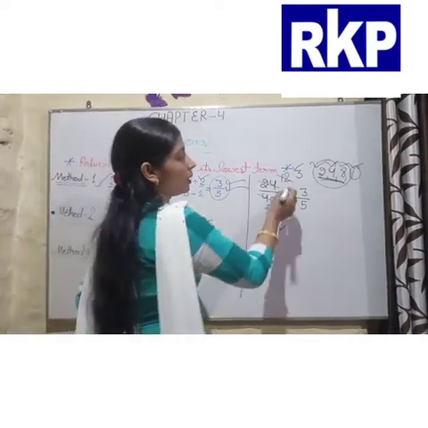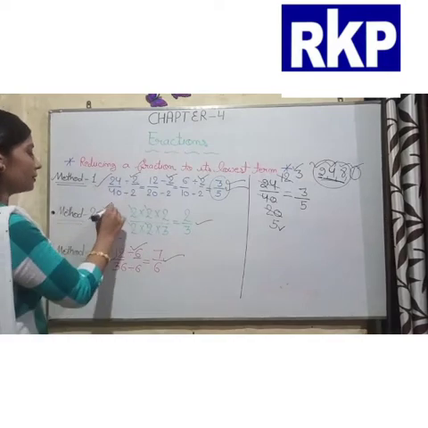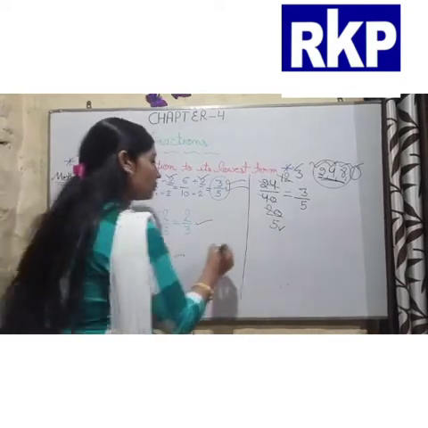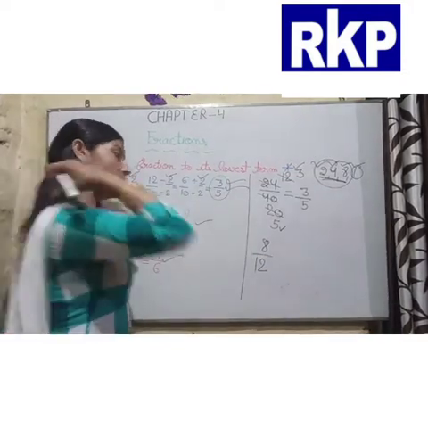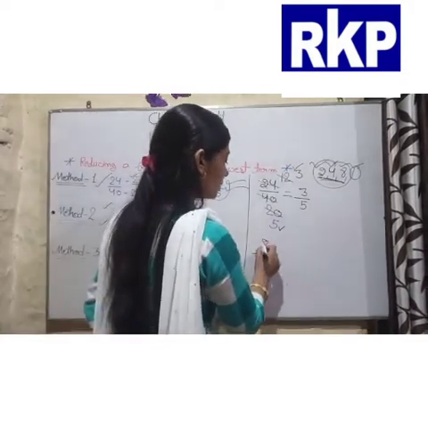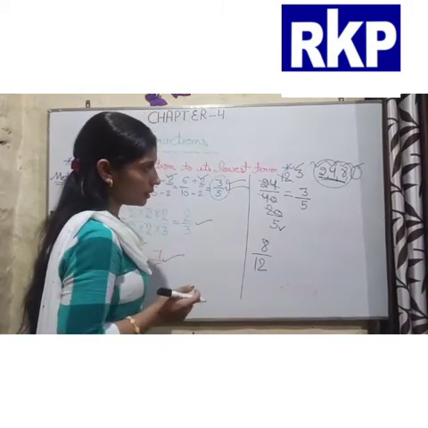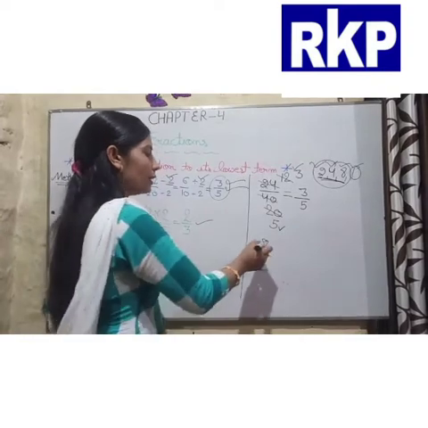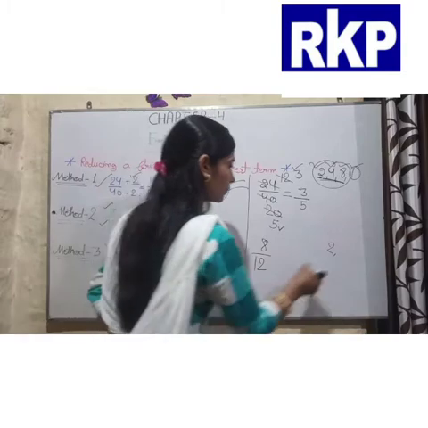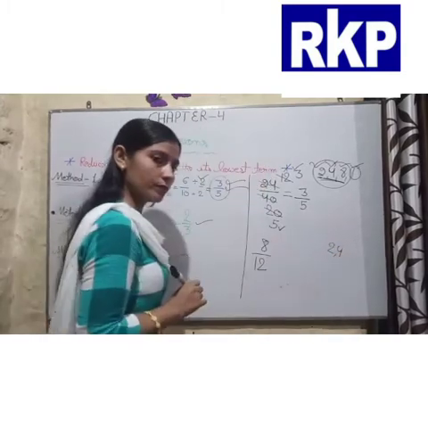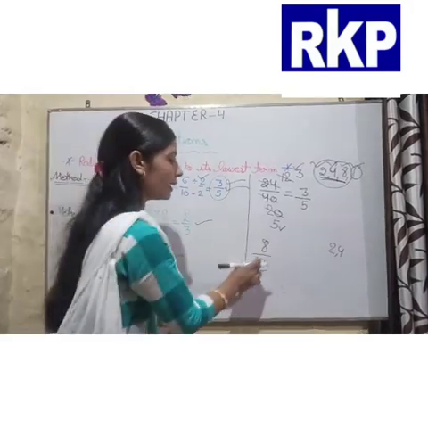Now let us see the second example. In this we have 8 by 12. Here we can see we can divide 8 and 12 by 2 and 4. 2 and 4 both are common factors of 8 and 12.